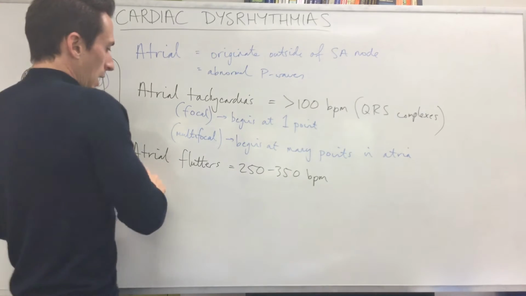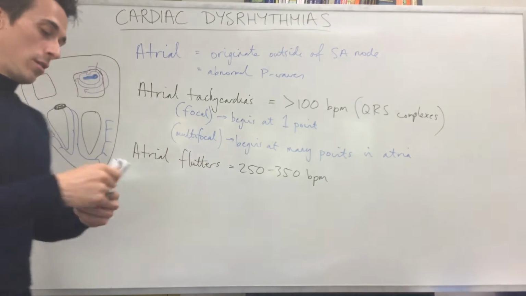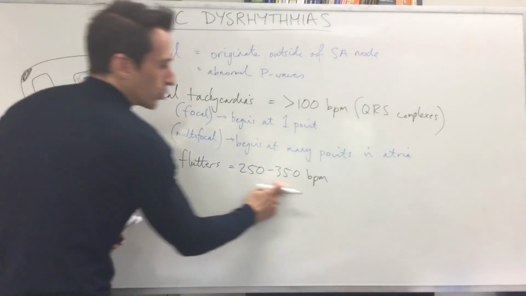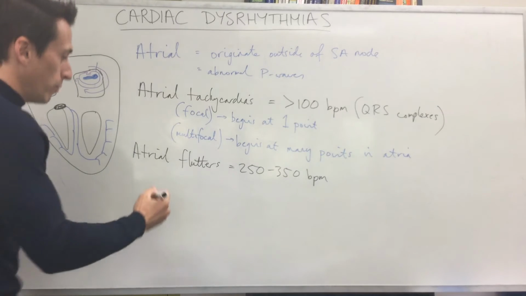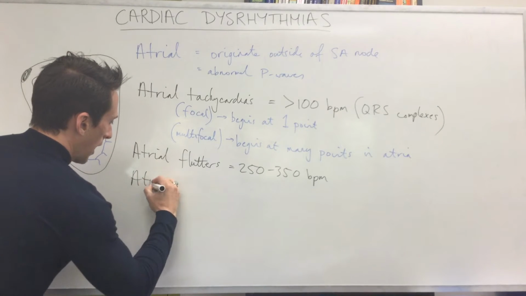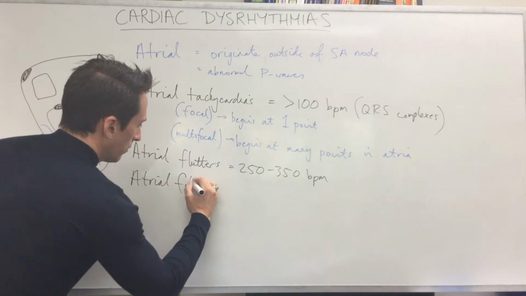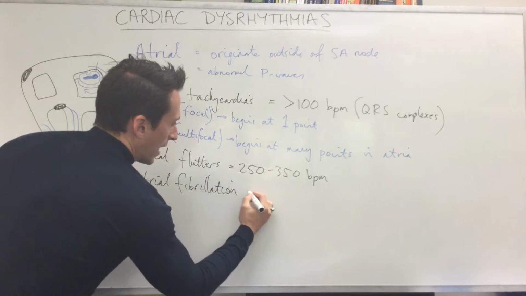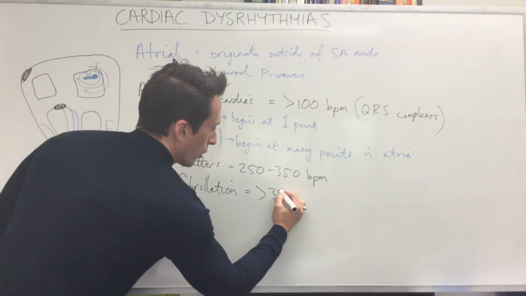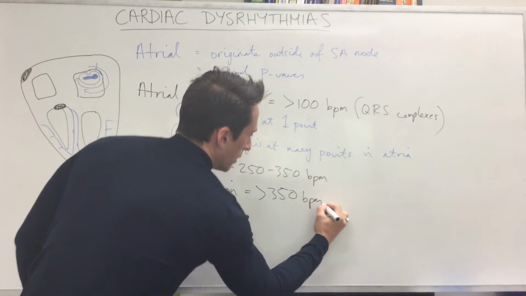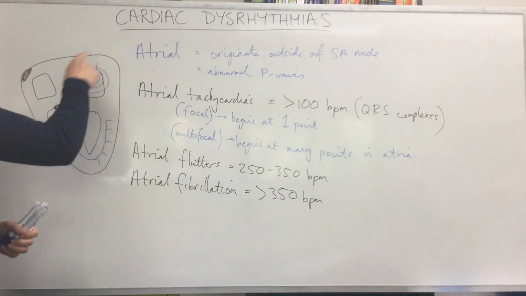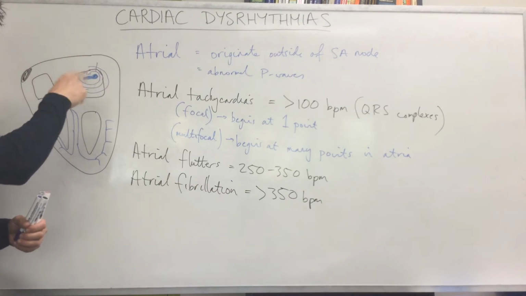Now, you can have atrial dysrhythmias that are actually faster than 250 to 350 beats per minute. These are called atrial fibrillation. And atrial fibrillation is greater than 350 beats per minute. Now again, it's due to these multifocal reentry mechanisms.